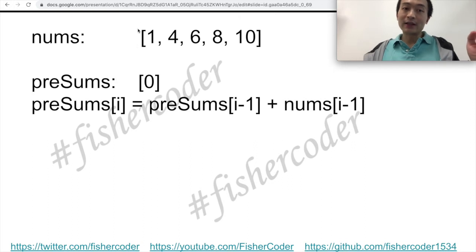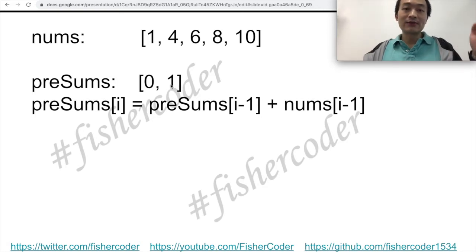It doesn't have anything here, so it's 0. But for the next one, what should its presum be? This i is 1, so i minus 1 is 0, and 0 plus 1 is going to be 1, right? So this one is 1.